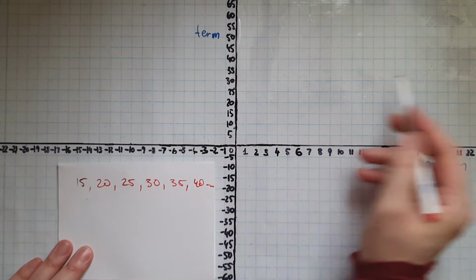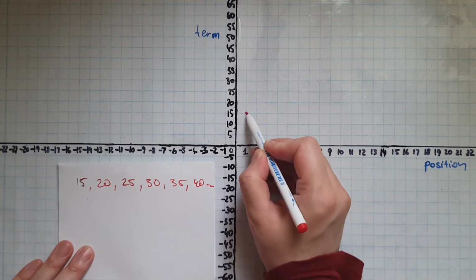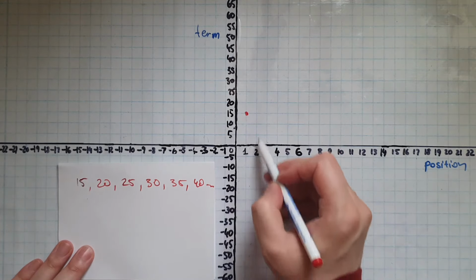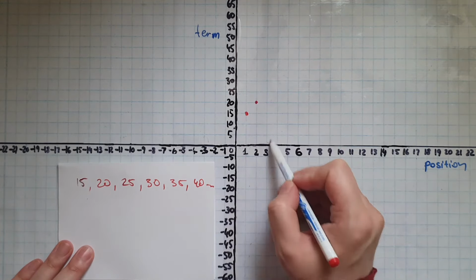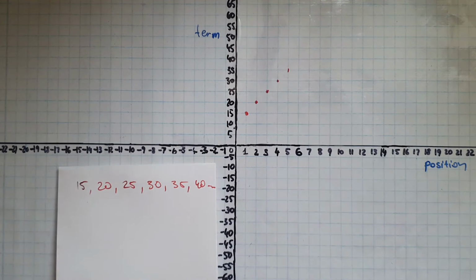Let me project it here. So 1 ride £15, 2 rides 20, 3, 25, 30, and so on. So you can see the pattern. I'll join the dots.